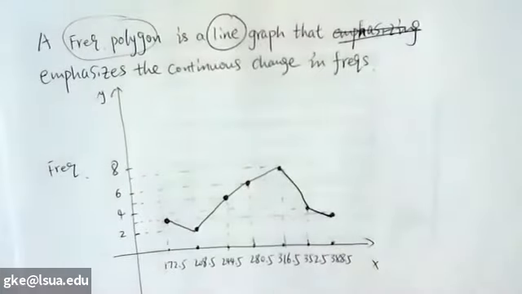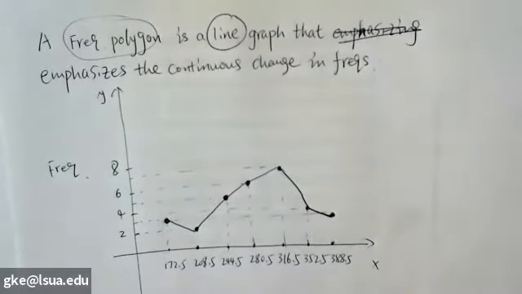We connect all the dots. Understood? Now, the tricky part for the frequency polygon is we need to have initial points and end points.